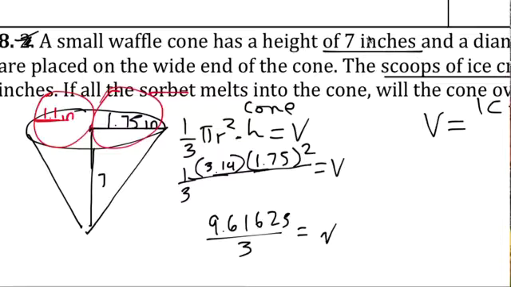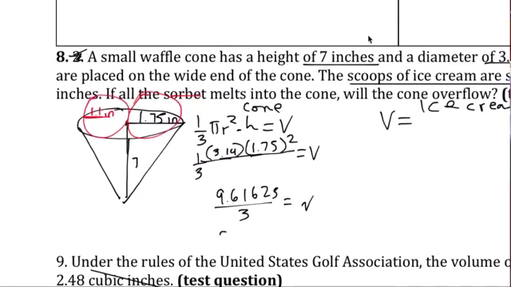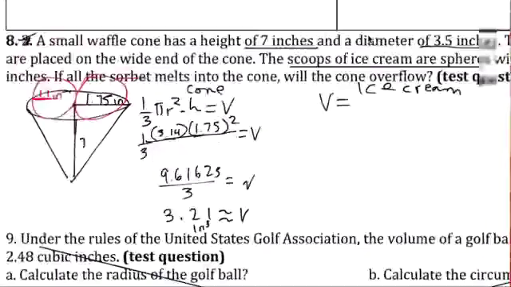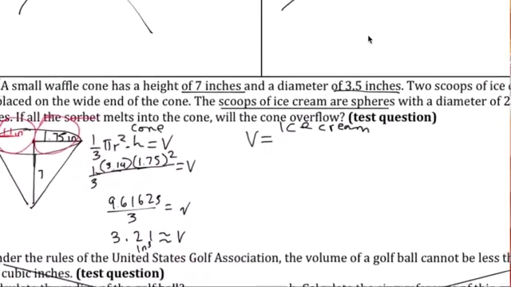Divide that by 3. I get the volume of the cone as 3.205. Let's say 3.21 is the approximate volume of the cone, inches cubed. Okay, so the ice cream has to be less than that.